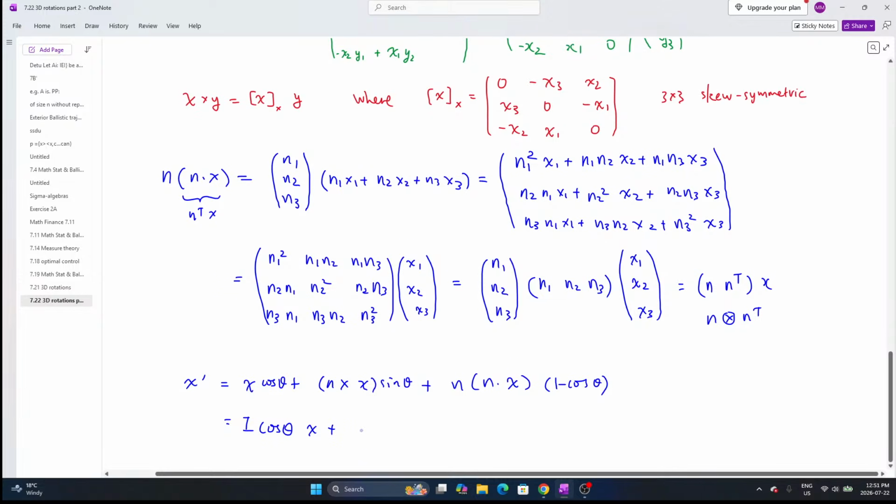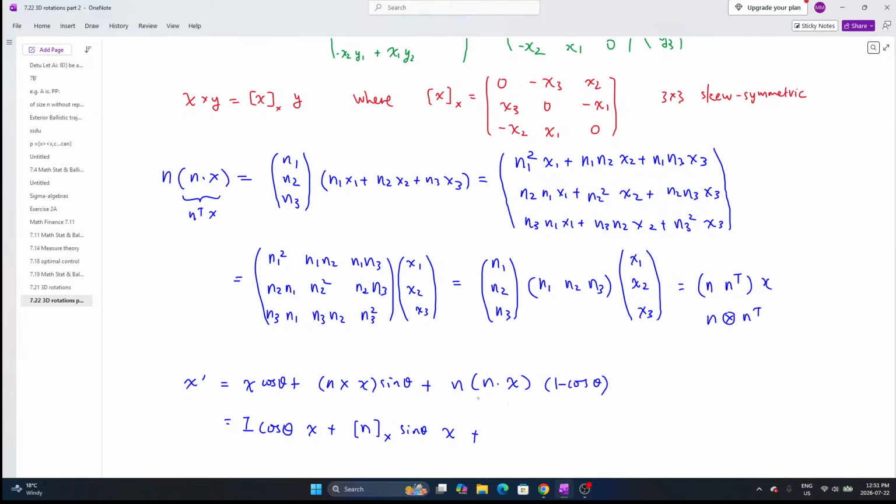So this way you get n bracket cross sine theta, and then times x.